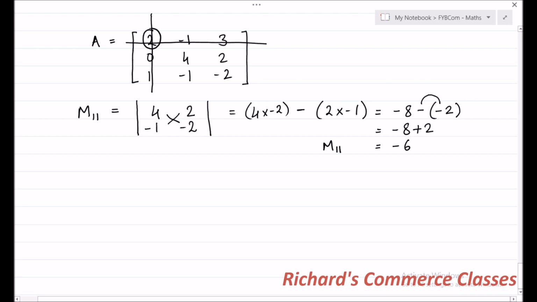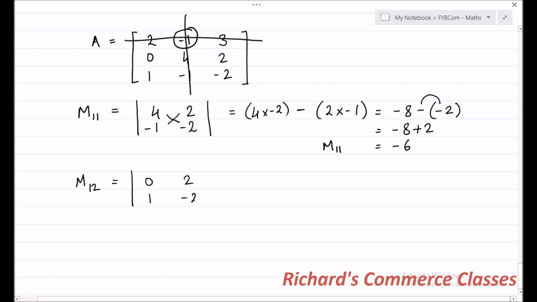Now let's calculate for the next element, and the next element will be M12, that is the first row but the second column, and the element is minus 1. So how will you calculate minors? It is delete the row and the column, and the remaining elements are 0, 2, 1 and minus 2.